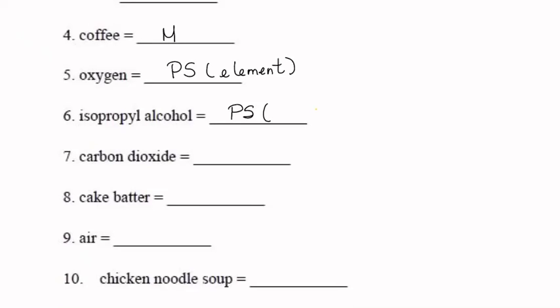If I know that you guys do not know the chemical formula for a particular name, then I will put the elements that are part of the chemical formula for that compound, okay? So for example, for isopropyl alcohol, most likely what you guys are going to see in your first exam is isopropyl alcohol, which is a compound, and then I will say comma, and then this is C3H8O.